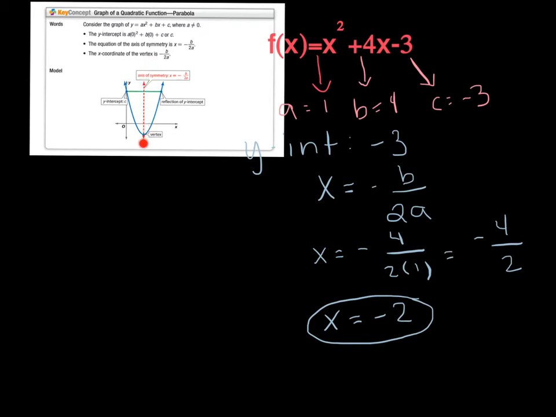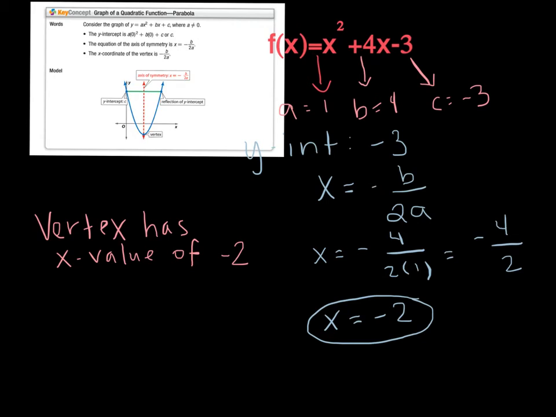It only hits our parabola at one point, at the vertex, right? So if this is our axis of symmetry, it makes sense that the equation has to go through our vertex. So we have a vertex that has an x value of negative 2.